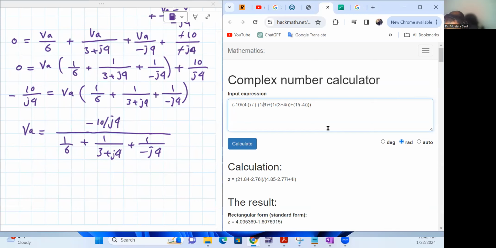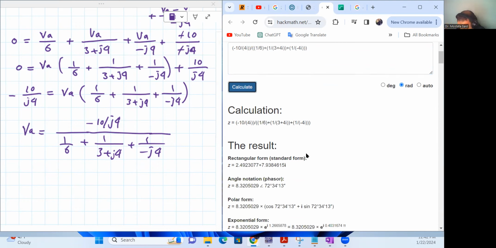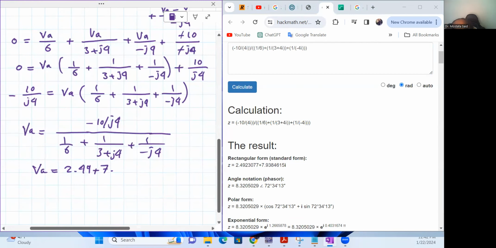Let's remove the spaces we added just to make it clear, and press calculate. It gives us VA equal to 2.49, that's fine, plus 7.94, I'm rounding, j. That's VA.